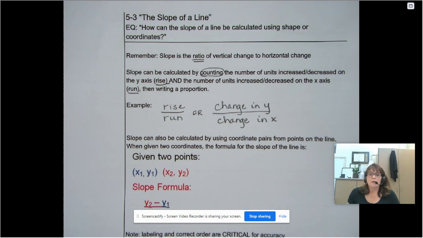Now, when we are given 2 points, we can literally put that information into a formula, and then using that formula, we can calculate the slope.